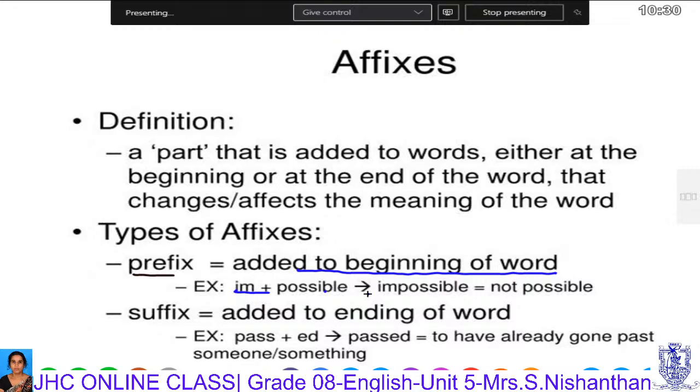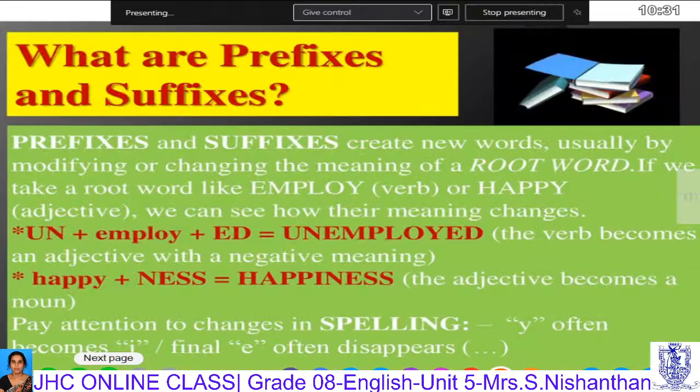It changes the meaning. And the suffix is added to the end of the word. Past plus ed, passed. It changed the tense to show something has already gone past. So, there are two types of affixes, prefix and suffix. The prefix is added at the beginning of the word and the suffix is added at the end of the word.